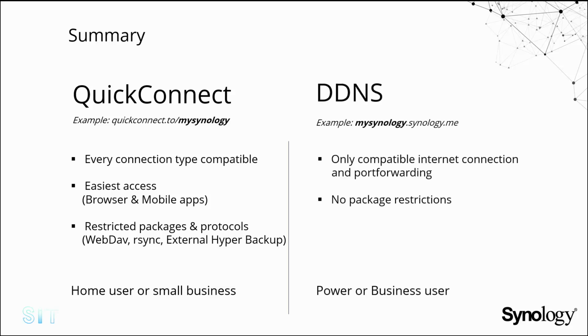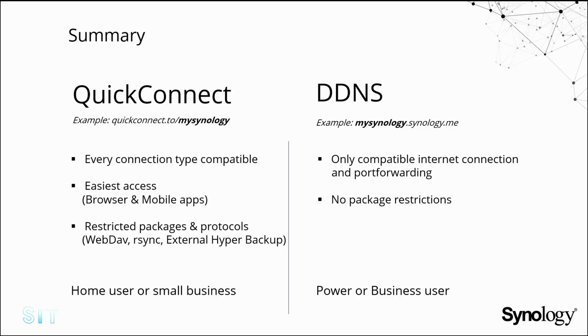DDNS requires a suitable internet connection and appropriate port forwarding. For example, if the NAS is located behind a DS-Lite connection, it would not be accessible via DDNS. However, DDNS offers almost no restrictions, so we can reach all common services or Synology packages from the outside.